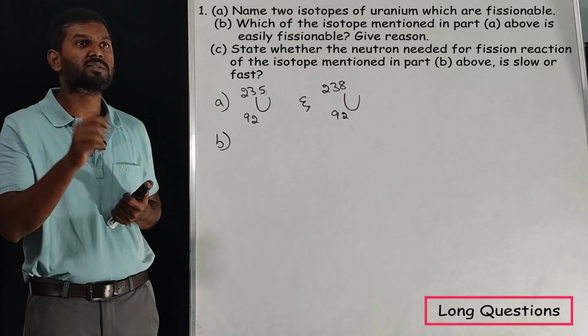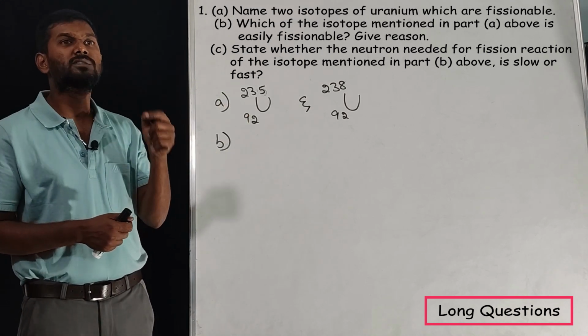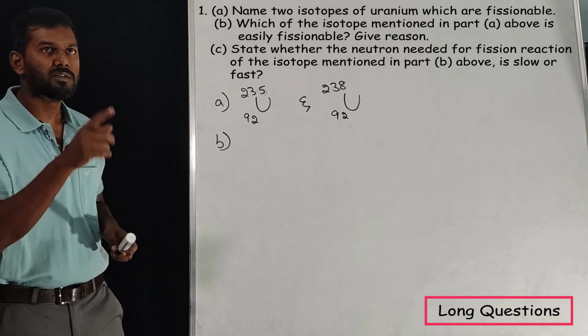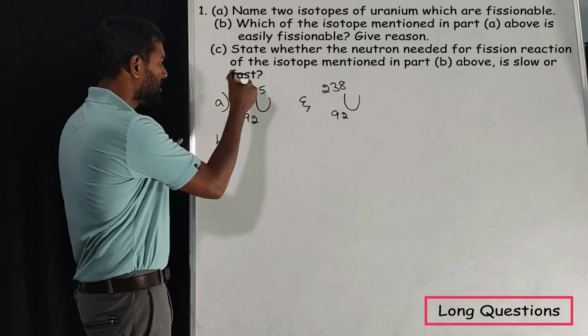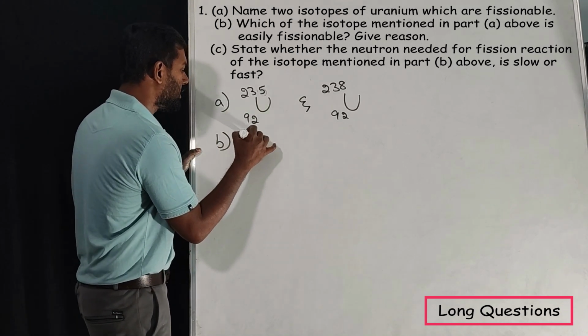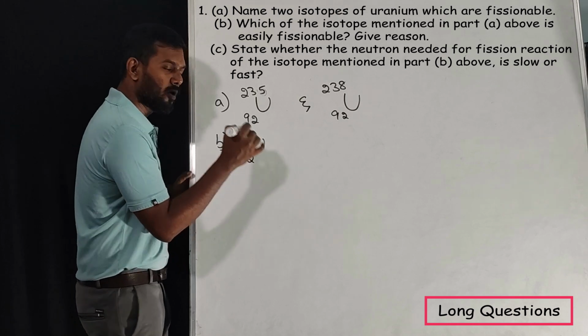Which of the isotopes mentioned in part A above is easily fissionable? Give reason. See, easily fissionable, the answer is uranium-235 92. Why?